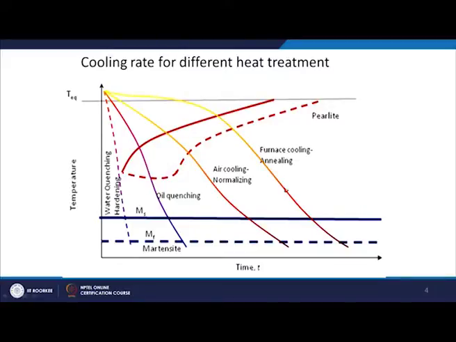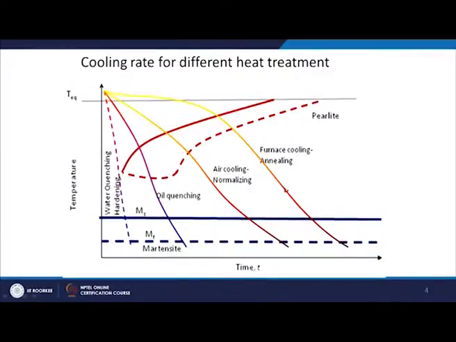For example, if you take oil quenching here, my cooling curve has crossed the pearlite start temperature, but it has not crossed the pearlite end curve. So, the transformation is not completed here, and now it is crossing the Ms temperature. So, in this case some austenite will transform into pearlite, and the remaining austenite will transform into martensite.